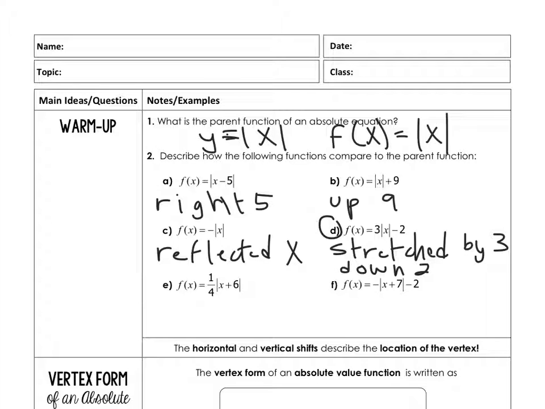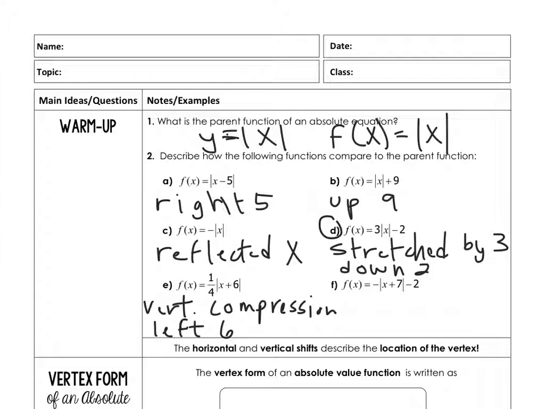So on E, we have a vertical compression. And you'll also notice that we have a change in our input. We added 6, so that means we're going to go to the left by 6. Okay, so that's what changed there. So we go to the left 6 units.